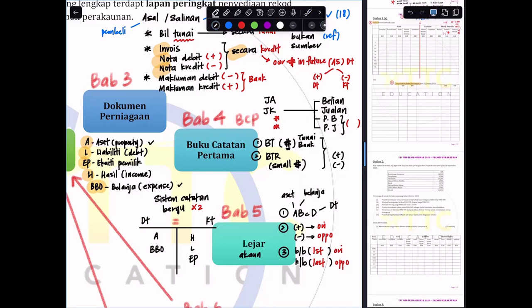150 for buku tunai ringgit, depending on the amount in your buku tunai ringgit. Let's say in your buku tunai ringgit, the tabung, the fund there, there's only 200, and you got more expenses other than this 150. Do you think we should record the 150 there?